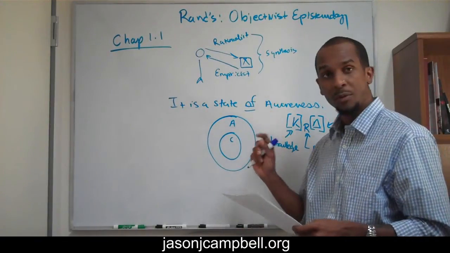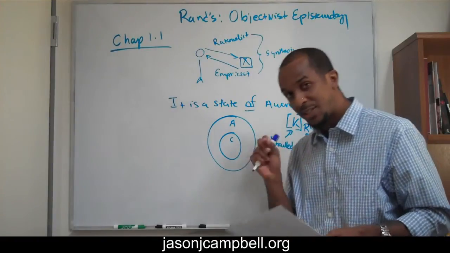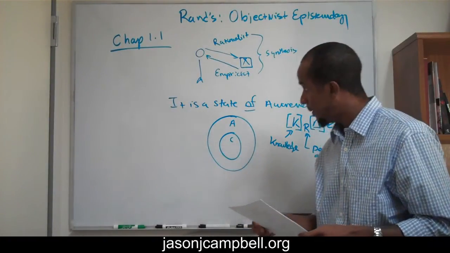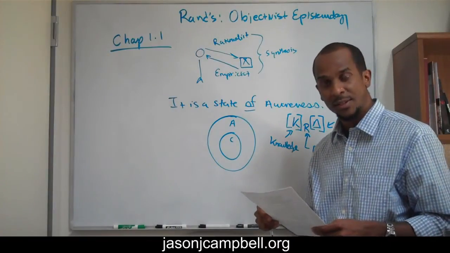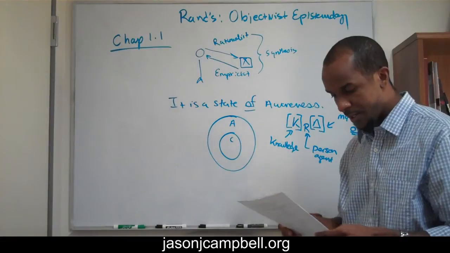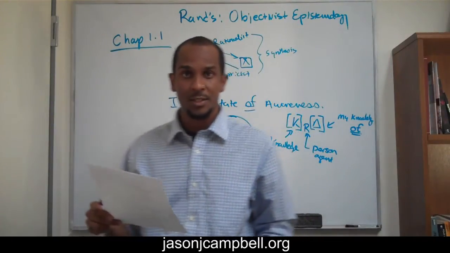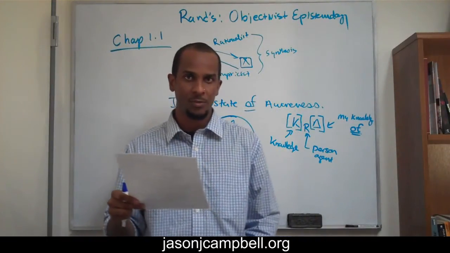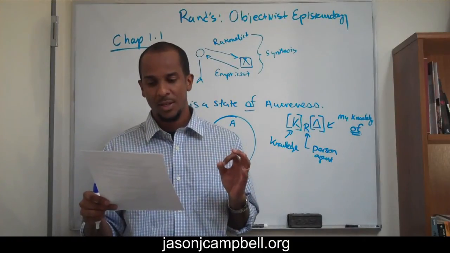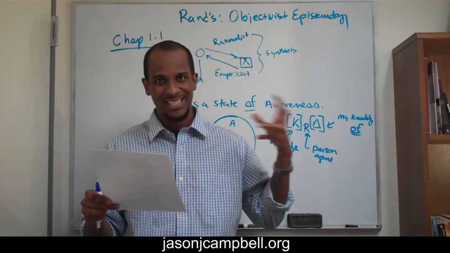However, and this is important, and she doesn't say this explicitly, but this is an implication of Rand's Objectivist stance: not all forms of awareness are forms of consciousness. And what does that mean? Well, that assumes that there is in some sense an awareness that is unconscious.